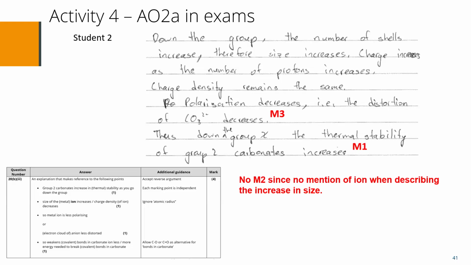Again, there's no mention of weakening the bond, so M4, the fourth marking point, cannot be awarded. Okay, I hope you're happy with my solution to that particular one. So this candidate gets 2 marks.